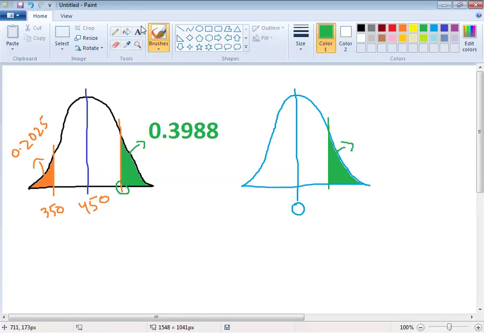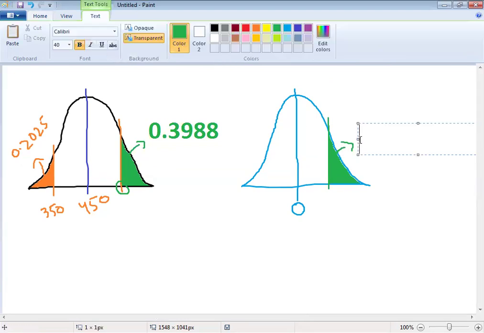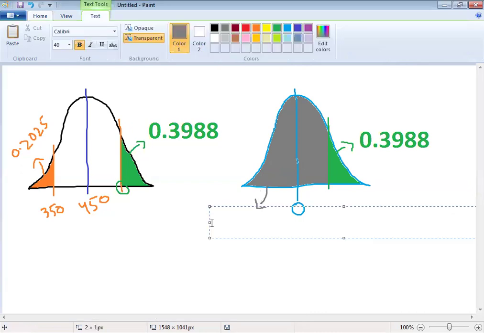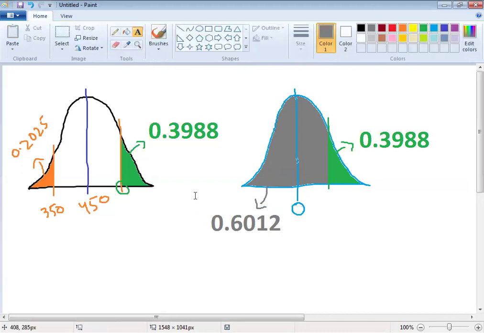But again, the graph has a certain limitation: it doesn't give the area in front. Subtract from 1 and you will get the area behind. And what is that? The area for the less than region: 0.6012, right? For 0.6012 you must find the value of z.